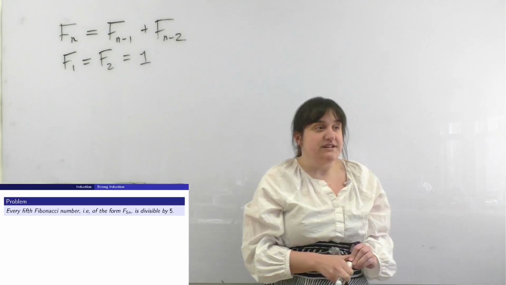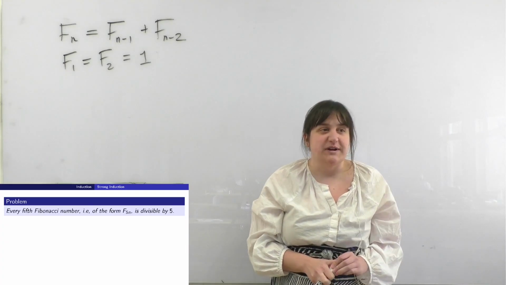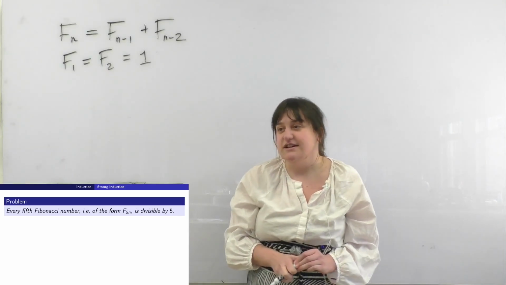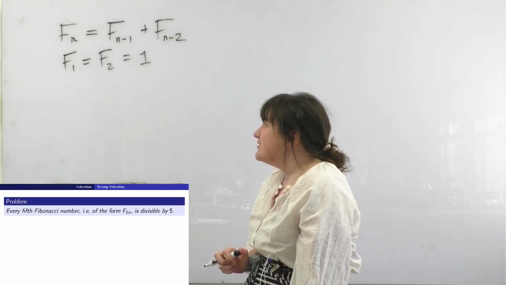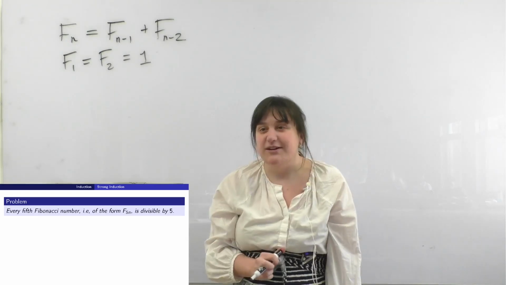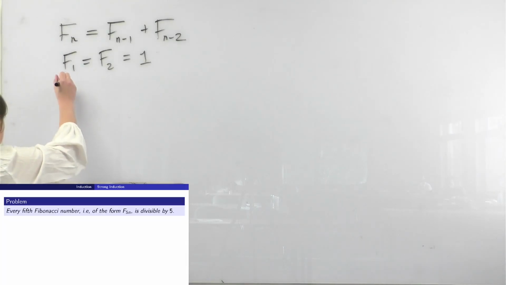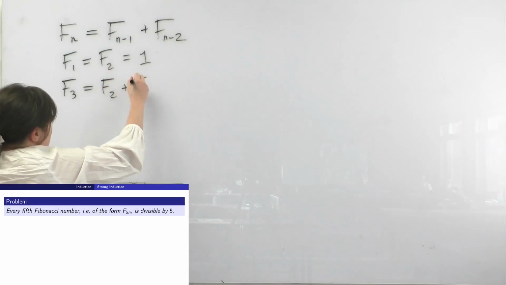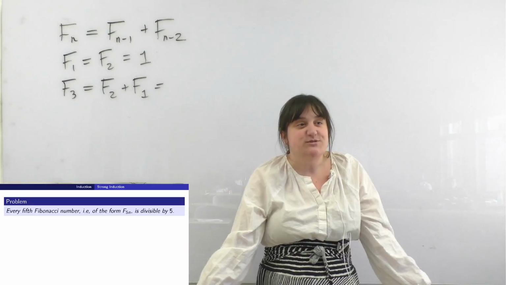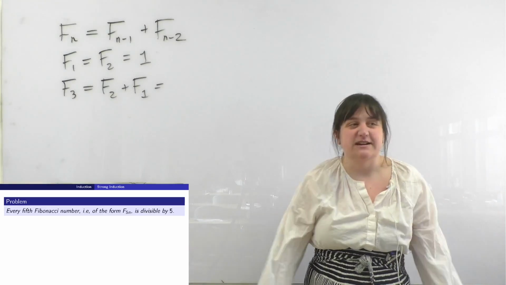Okay, so we're claiming that F5n is always divisible by 5, and we're supposed to do this by induction. So we're definitely going to need a base case, which I guess must be to find F5, and hopefully F5 is divisible by 5. If you don't just have the first 5 Fibonacci numbers memorized, why would you not? But if you don't, how does it work to generate more of these?